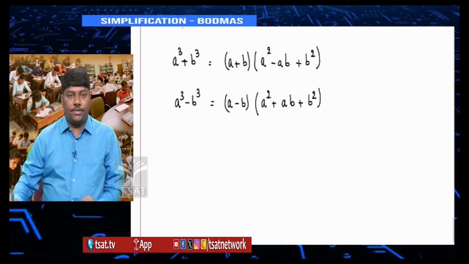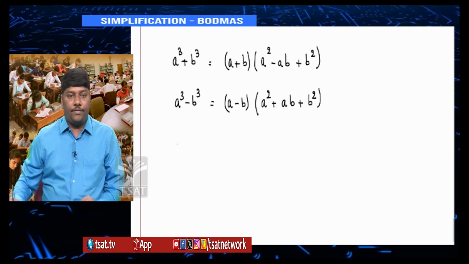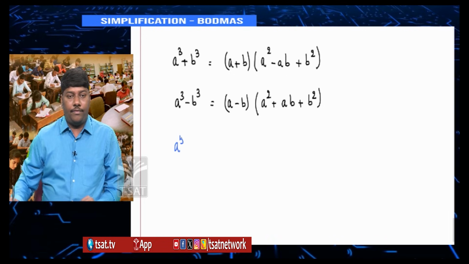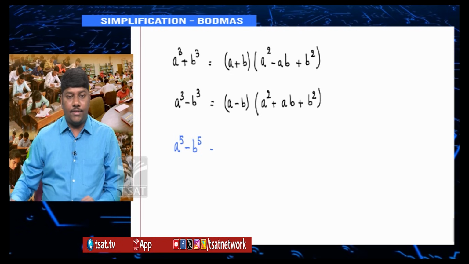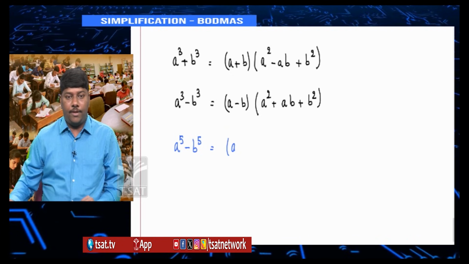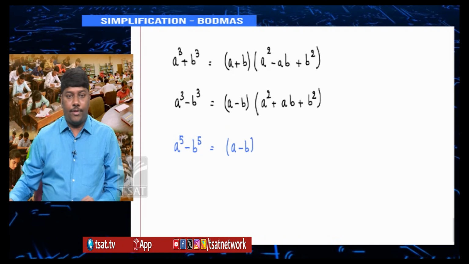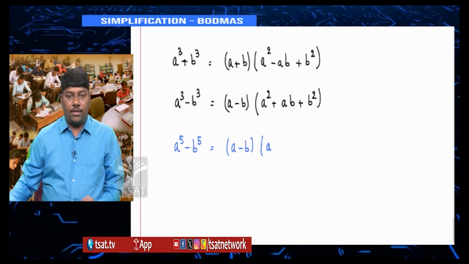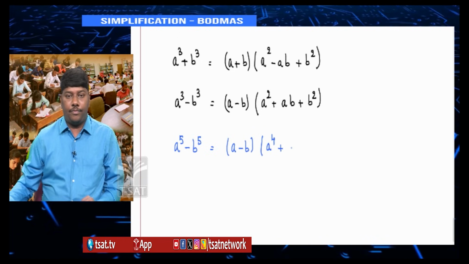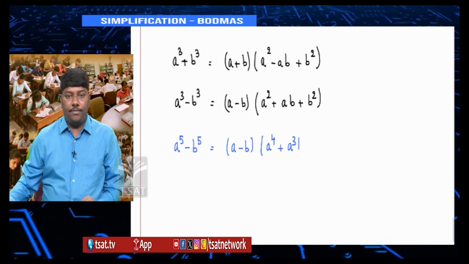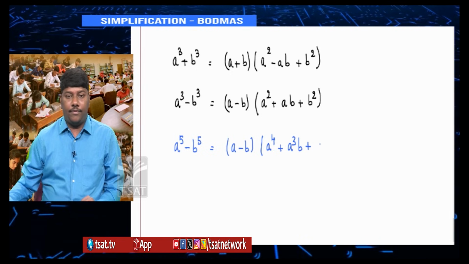This is not only for this, for any odd power. Even if I write a power 5 minus b power 5. So, when it is minus, write down a minus b, then after take from a power 4, decrease the power of a, then a cube b, then increase the power of b.